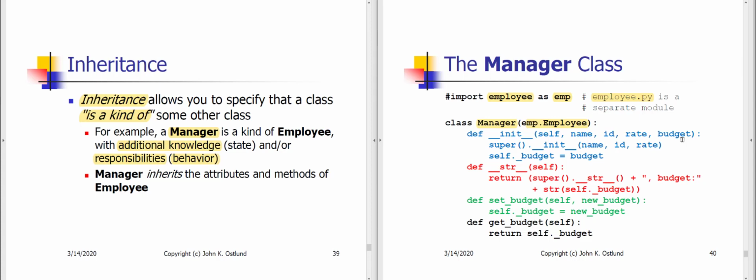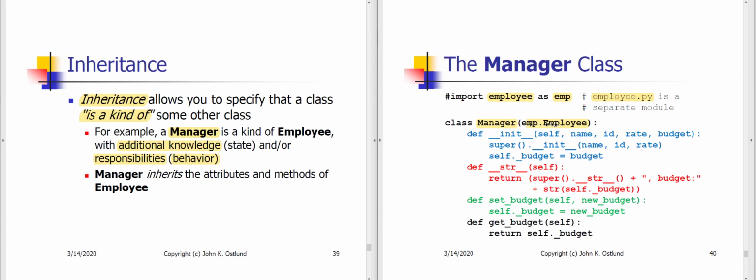Okay, because you think of these in terms of sets. The employee is the superset, and the manager is the subset. Every manager is an employee. Not all employees are managers. All right, so employee is the superclass in which manager is a subclass.